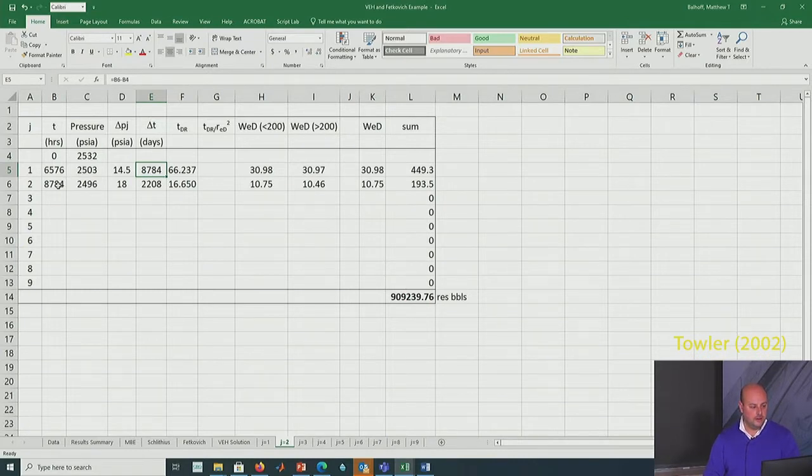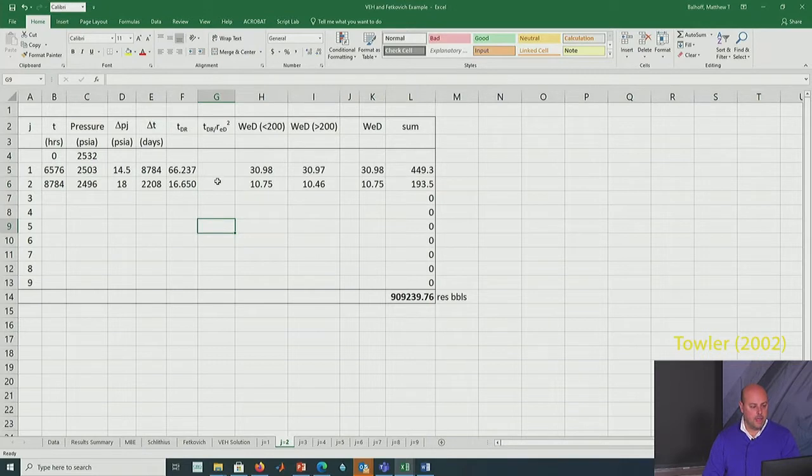This delta T is the final time, 8784, minus the initial time, which is 0, so it's 8784, and this is 8784 minus 6576, that's 2208. I have an equation in here, so I converted that to dimensionless time, so 8784 times those constants.